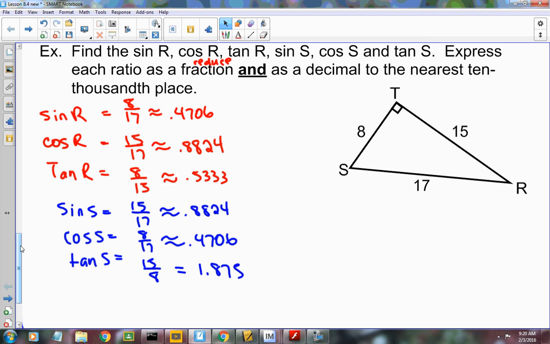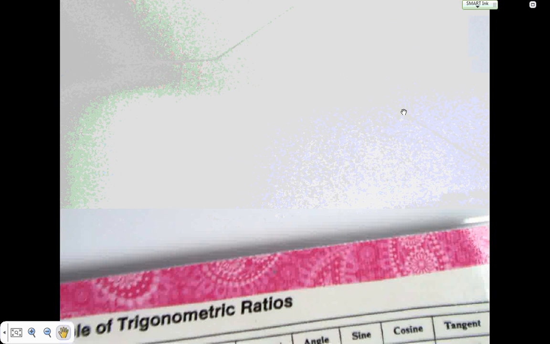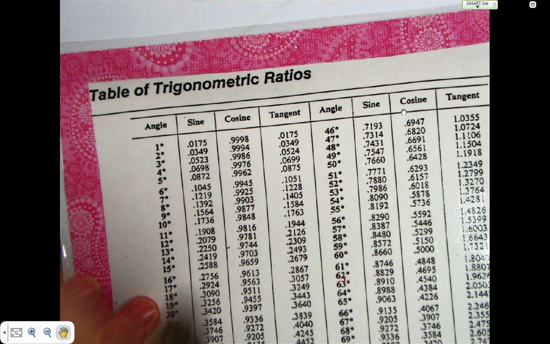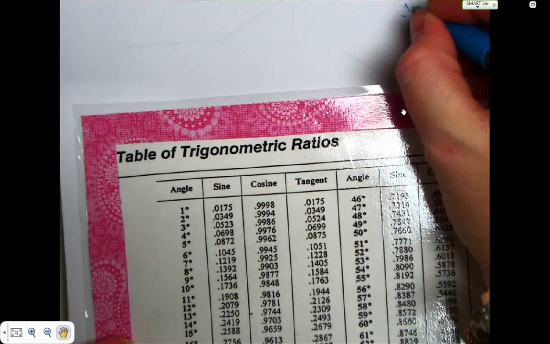Well, I'm going to take you back in time to when I was in high school, and we didn't have all these fancy calculators. We did have the scientific calculator, but it wasn't as advanced as what you have. What was the decimal for the sine of R? 0.4706. Okay.